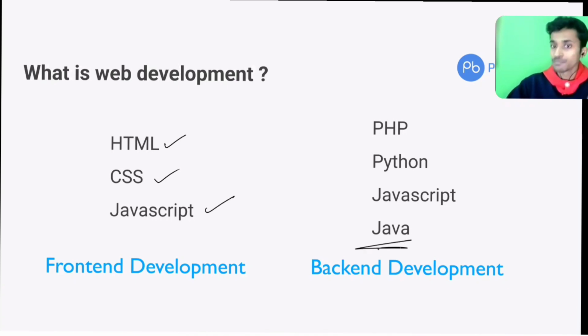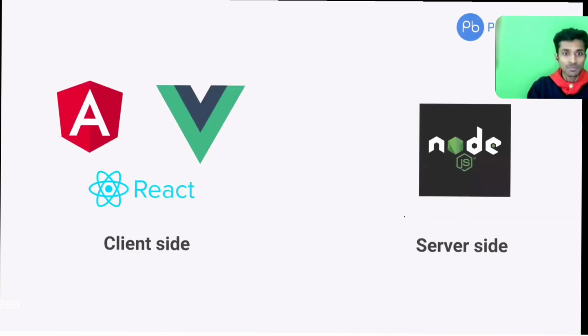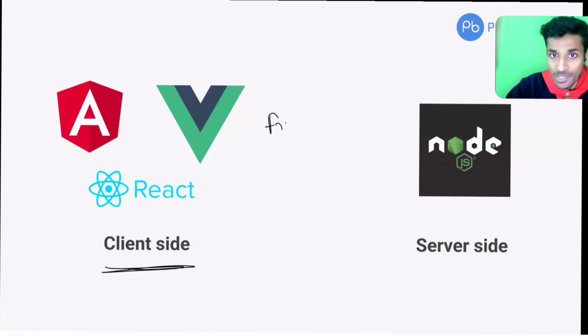If you're good with Java, backend can come in handy. Java, Python, PHP, JavaScript, all of this can be used for backend development, for creating your server and maintaining or interacting with your database. But using plain HTML, CSS, JavaScript is pretty cumbersome, and that's why majority, or I'll say all, of the web applications these days have moved on to using something called frameworks.